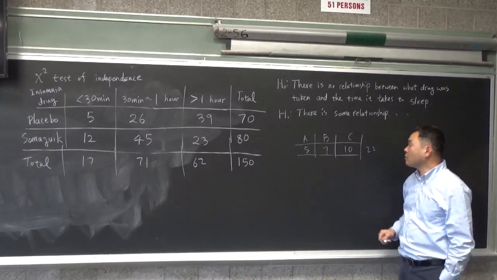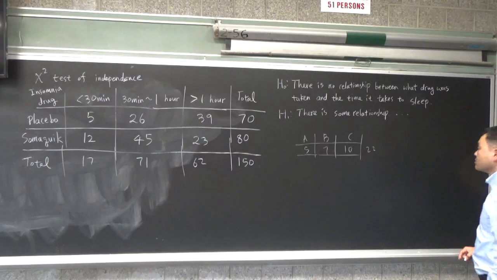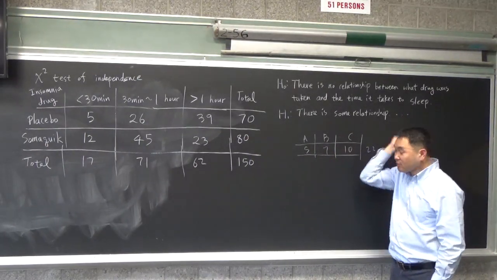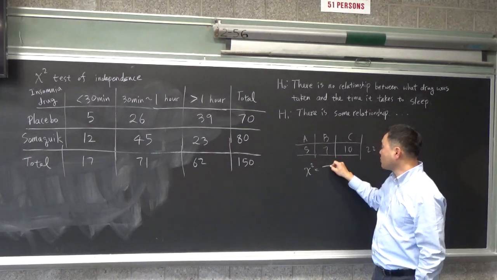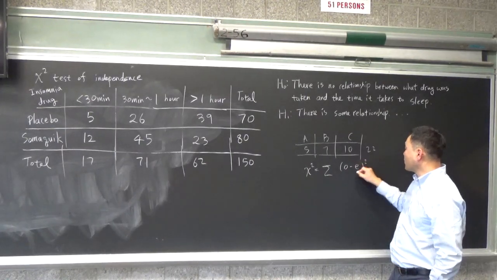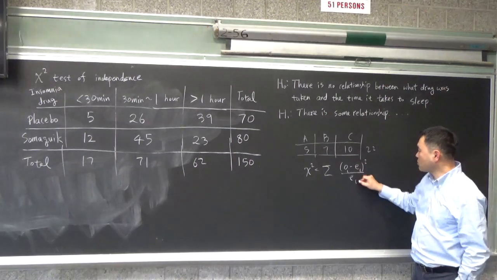And then you add them up, and that gave us the test statistic. So we had chi-squared equals the summation of observed minus expected squared over expected, and let's put subscript i here.